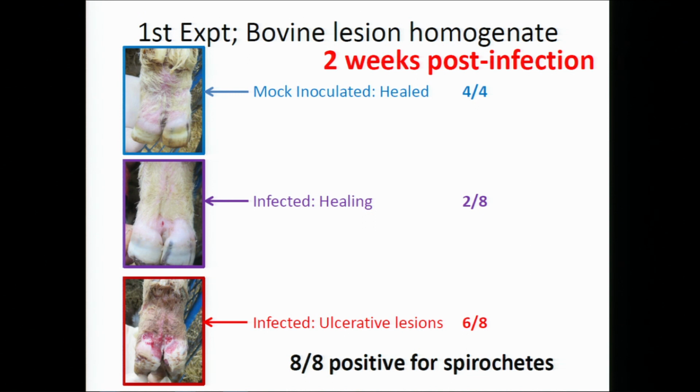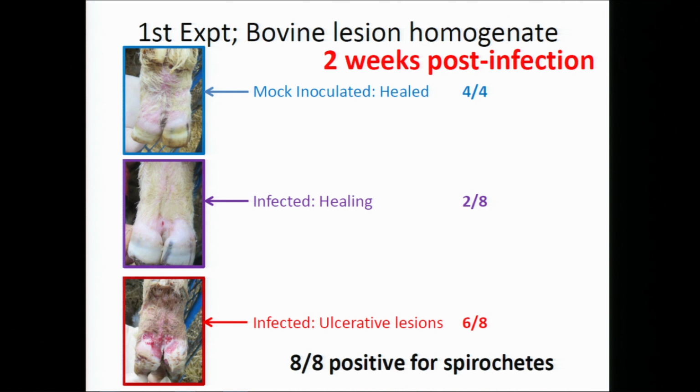We also looked at 8 hooves where we did the inoculation. In 6 of the 8 you can see an erosive lesion. In 2 of the 8, the abrasions had healed, and it was quite clear that any lesions that were present were in the process of healing. So 2 of the 8 we describe as healing, 6 of the 8 we describe as having an ulcerative lesion.